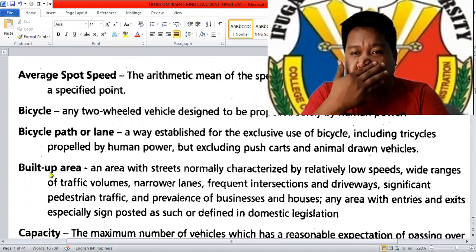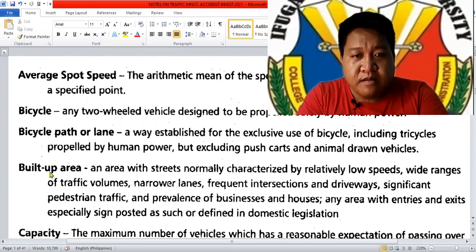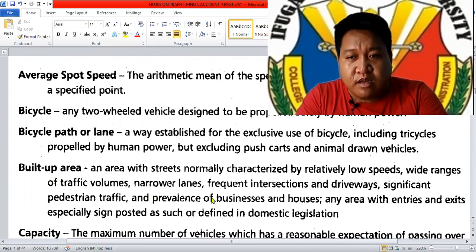In a built up area, vehicles gather together because of some reasons.